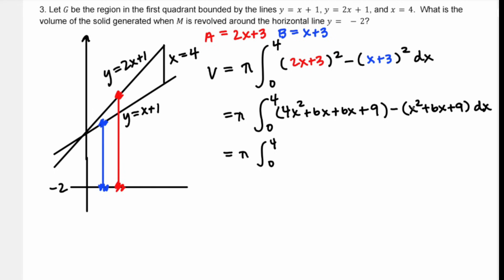So I've got 4x squared minus an x squared. Okay, that's just the number of x squares I want. 12x minus 6x would be 6x, and then 9 minus 9 is 0. So once I get it whittled down, it's really not too bad of an integral. So I'm going to anti-differentiate.